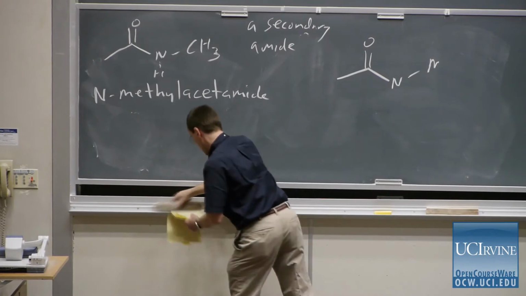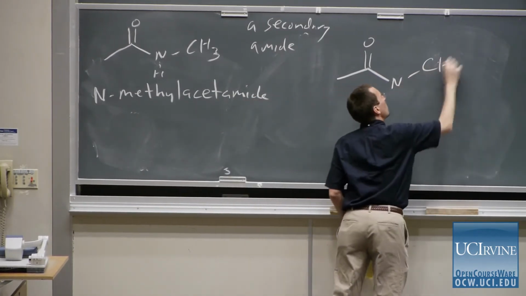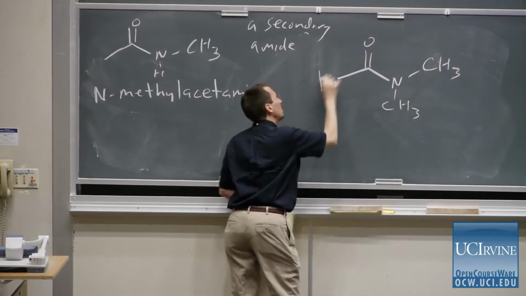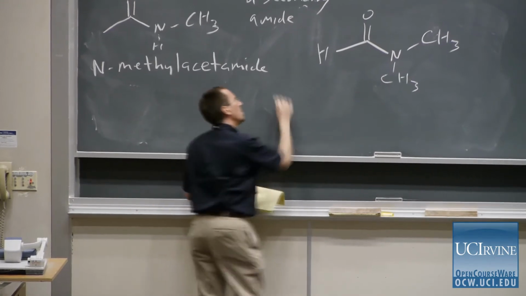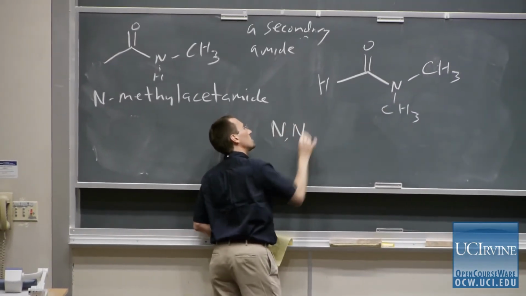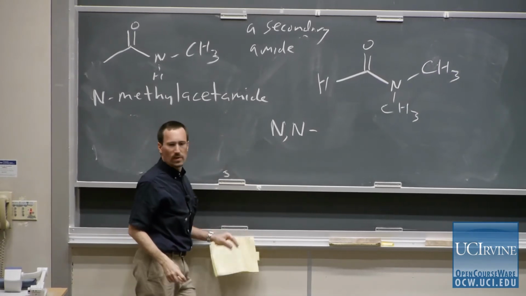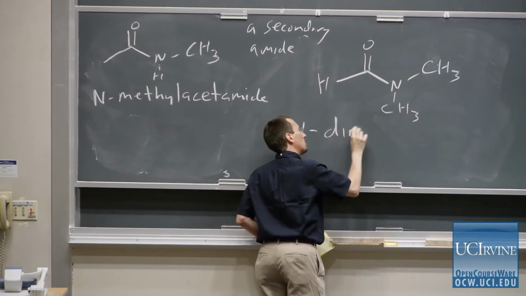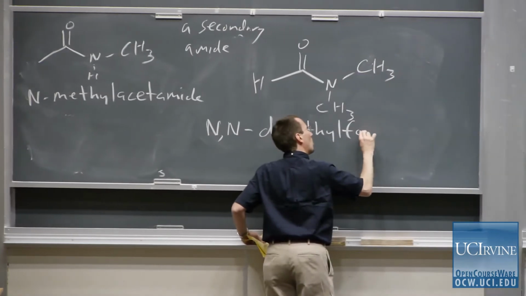Take another example here. A common amide, an amide that's often used as a solvent, is N,N-dimethyl formamide. So we have two substituents on the nitrogen, so we call this N,N-dimethyl formamide, all one word.